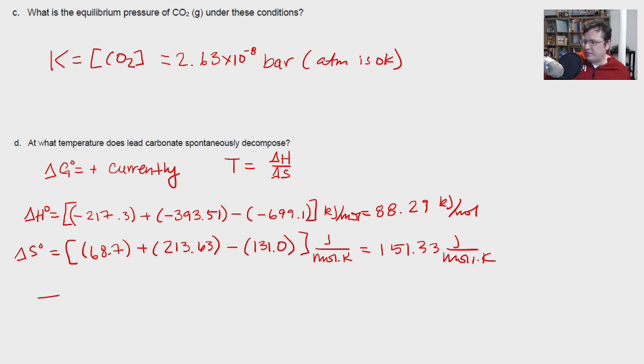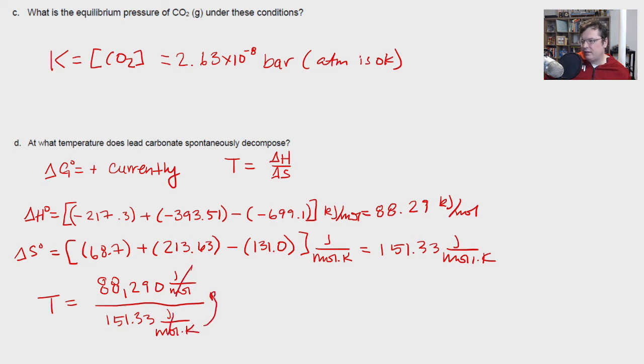So now all we do is we take the temperature. And so we take that 88,290 joules per mole, divide that by 151.33 joules per mole per Kelvin. So joules per mole cancels, and we just simply do the division.